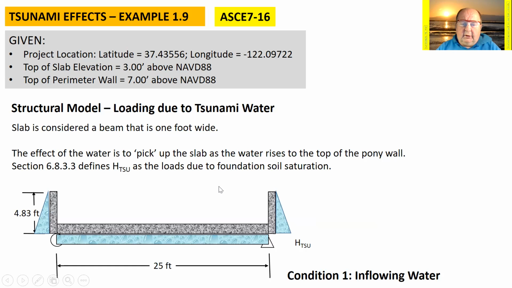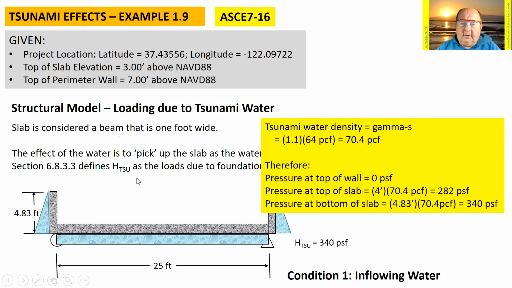So if I look at my hydrostatic load, my H due to the tsunami, first off, it asks me to calculate the tsunami water density, gamma sub s. The code tells me that I should expect the density of water to be 64 pounds per cubic foot, which is a little higher than what we normally consider.